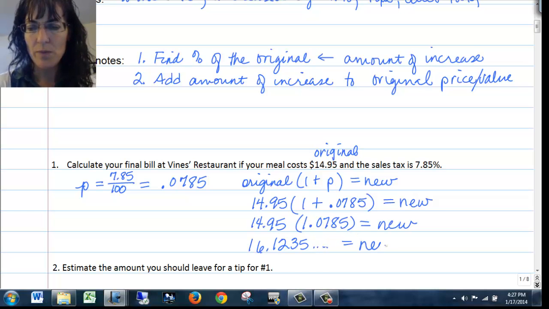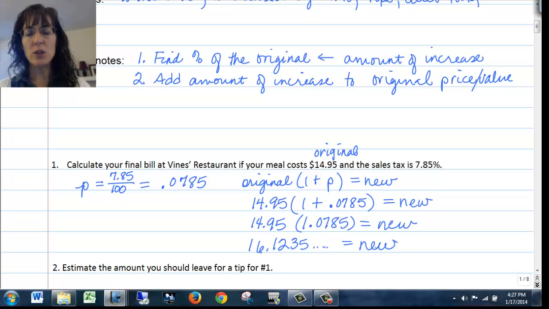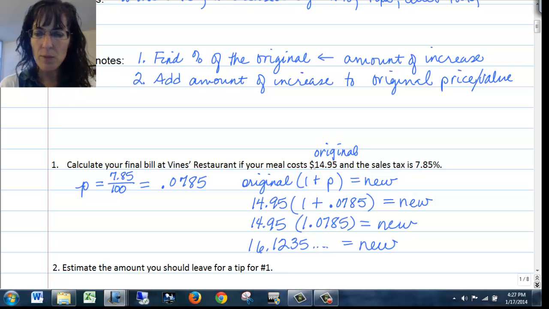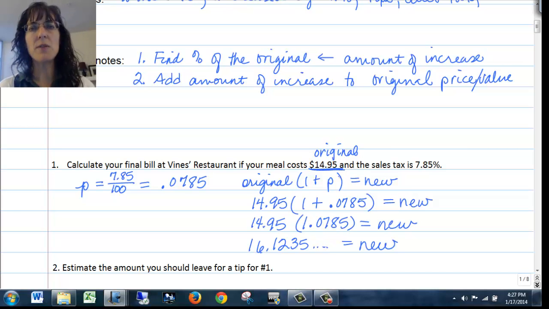equals new. Now I want to go back and look. Are we talking about money, or are we talking about the value of something? We are talking about money because it was the $14.95. And so my cost, my final bill is going to be 16.12, and I look at the next digit, it's a 3.